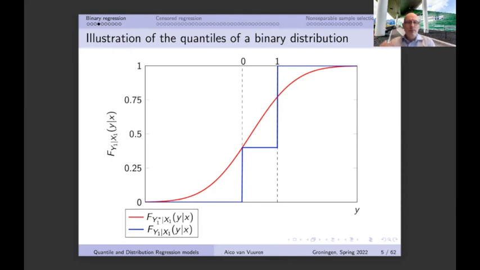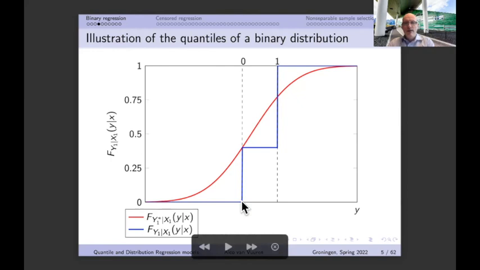So the probability that y1 is smaller or equal to anything below 0, well, that's of course equal to 0. We cannot have an outcome, for example, below -1/2. So that means that the distribution function evaluated in -1/2 is equal to 0. So therefore, up till 0, we do know that the distribution function of y1 is simply equal to 0.